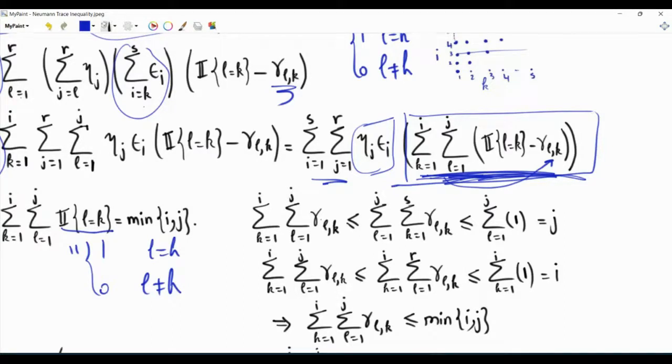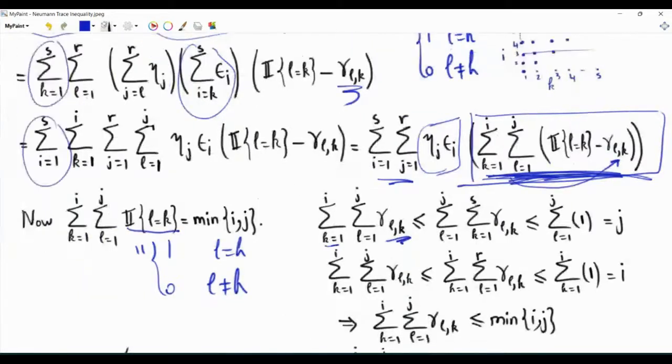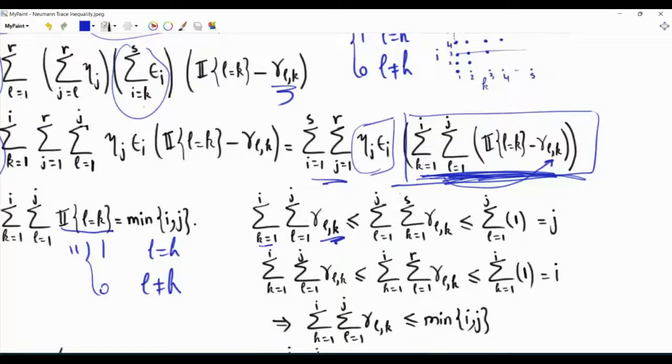These are non-negative quantities, so you can extend the summation over K rather than stopping at I. Remember that I goes from 1 to S, so we can extend this summation from 1 to I to 1 to S. Then we can exploit the inequalities we talked about earlier: if you sum those gammas over any of the two indices, you get something upper bounded by 1.